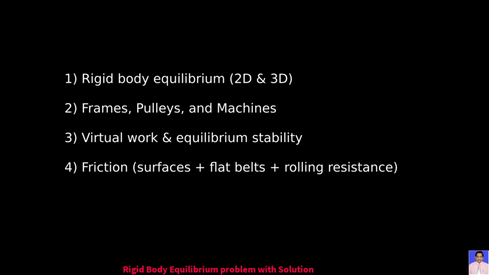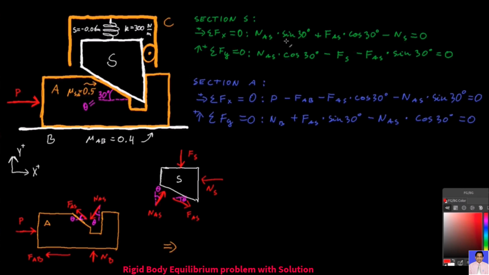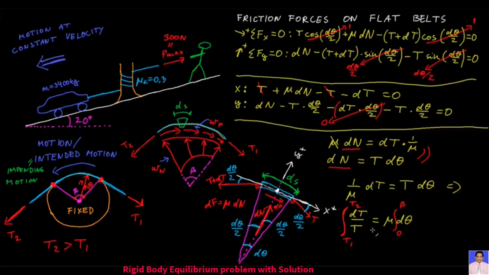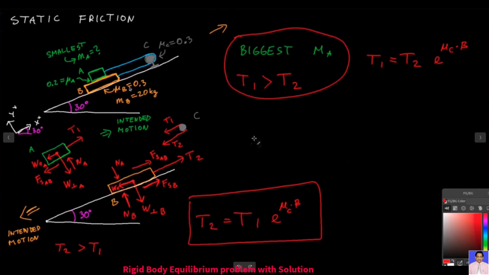We will continue with friction forces, and not only will you learn how to analyze friction between surfaces of two different objects, but you will also learn how to analyze it when you have a rope wrapped around a circular object, like for example in this case where the car is lowered down at a constant velocity, or in this case where you have two blocks on top of each other and then you have a rope that connects them and that goes around a fixed peg.